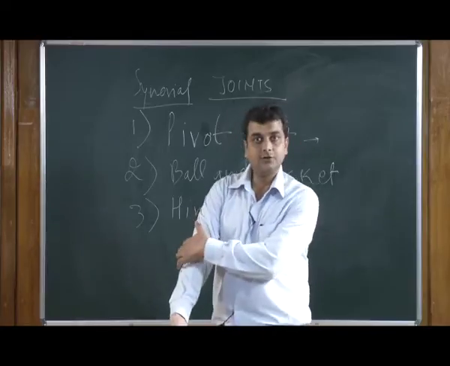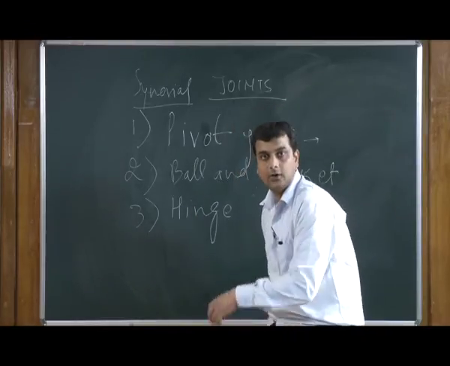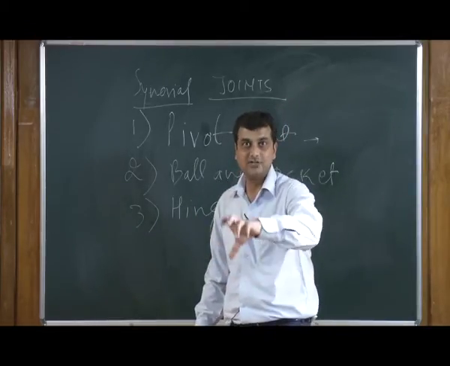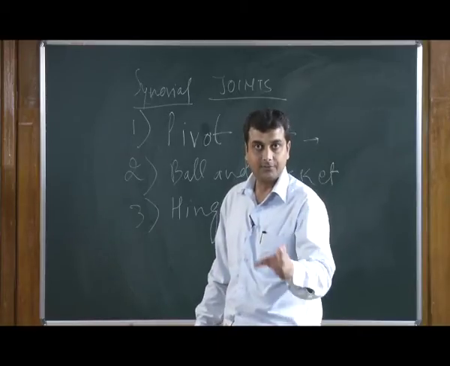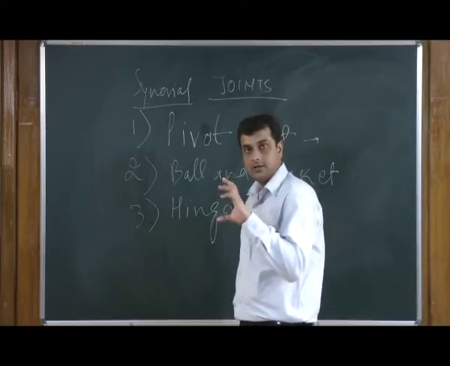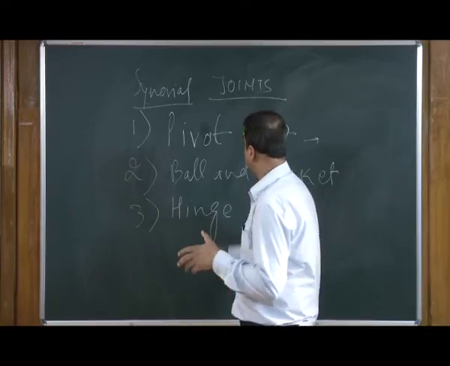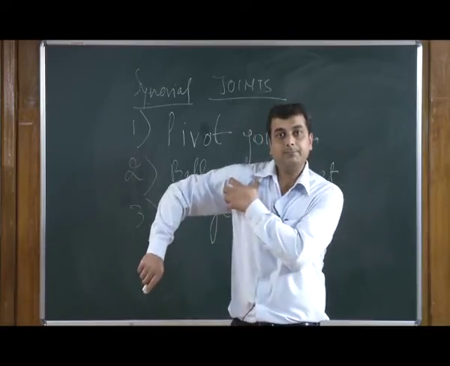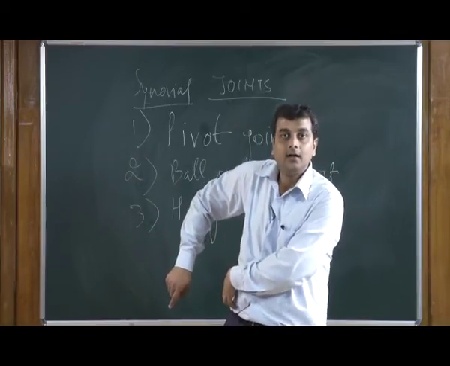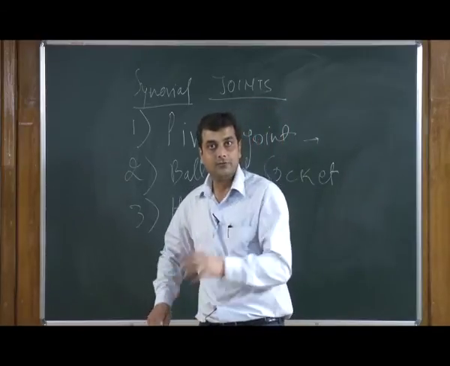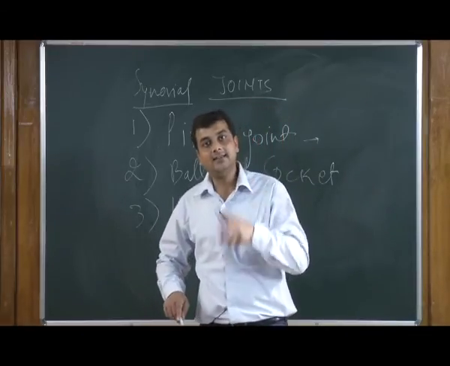This kind of hinge joint is here in the knees also. So you have the knee joint as a hinge joint also. You have ball and socket both in the pectoral girdle as well as in the pelvic girdle. So we have the hip joint and the shoulder joint.